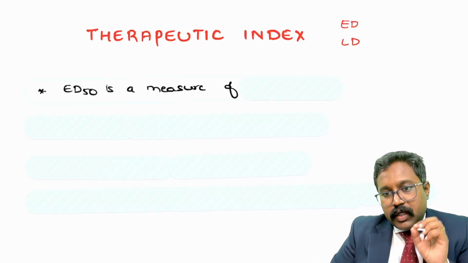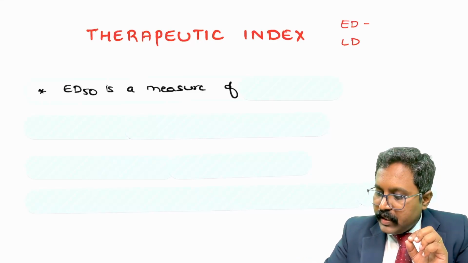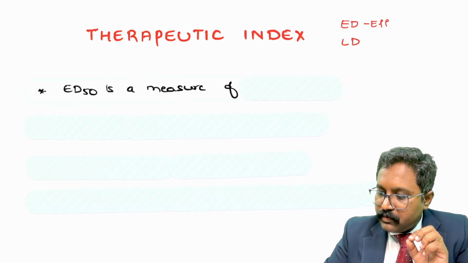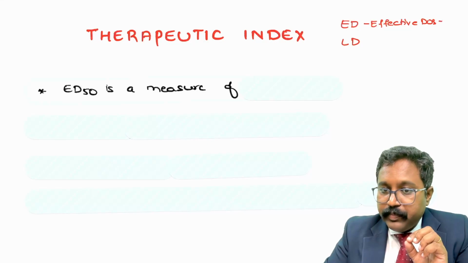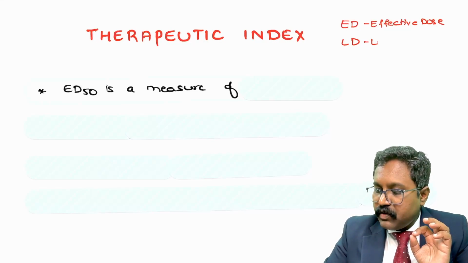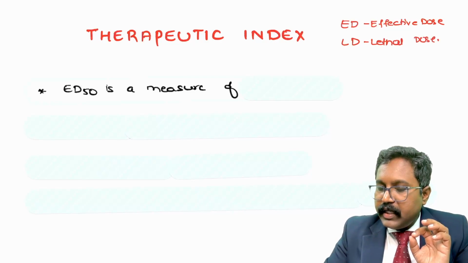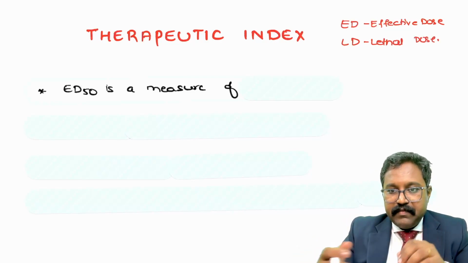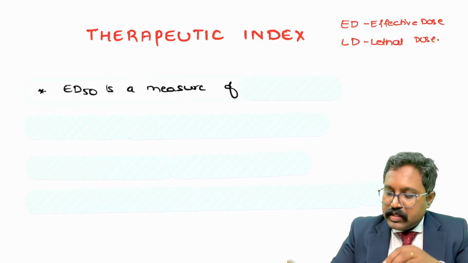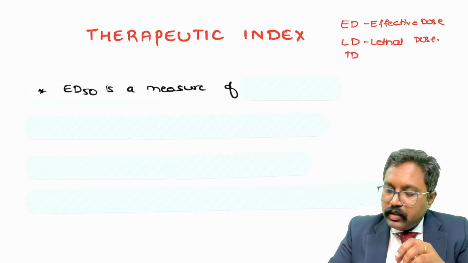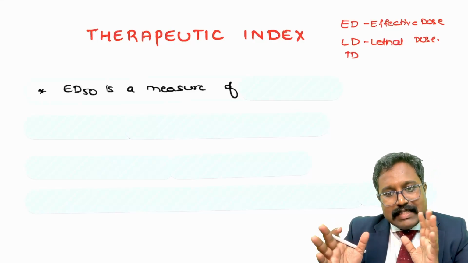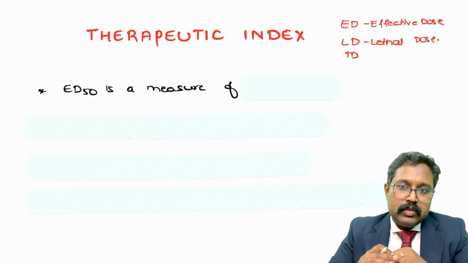ED stands for effective dose, and LD stands for lethal dose. And LD can be interchanged with the TD, that is the toxic dose. So, what do you understand by effective dose?